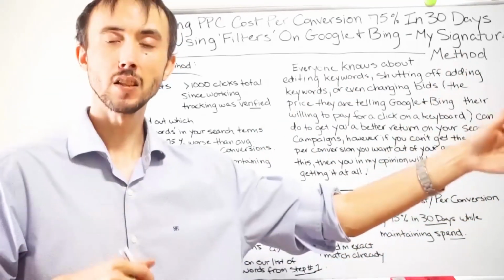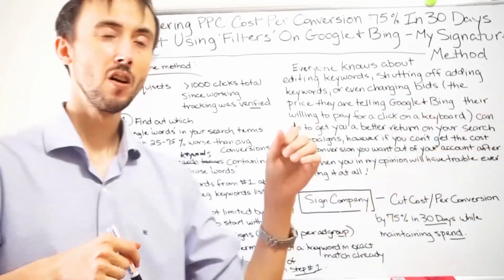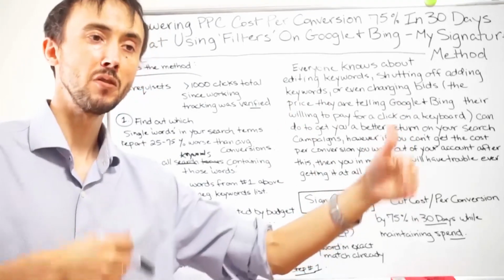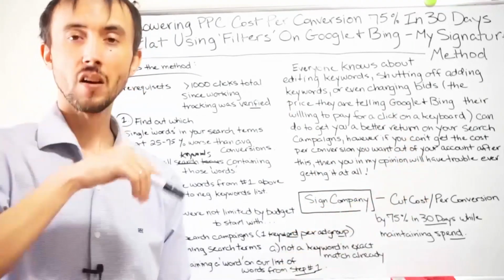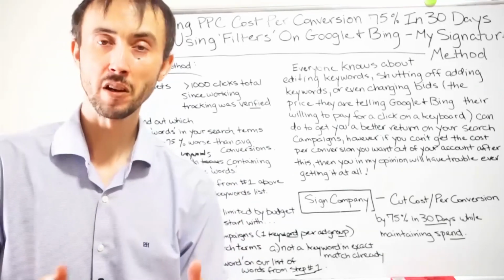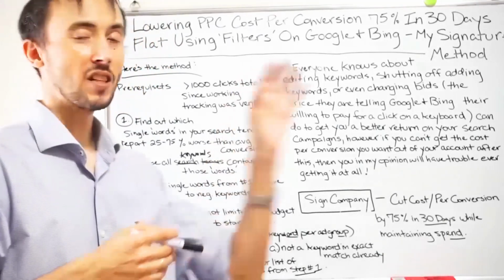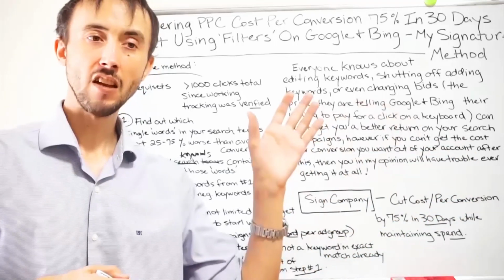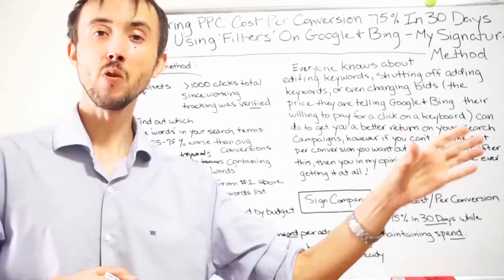Put all the search terms you found that produce the cost per conversion you need, and which are not already keywords yet, into a test campaign to see if you can add them as keywords.